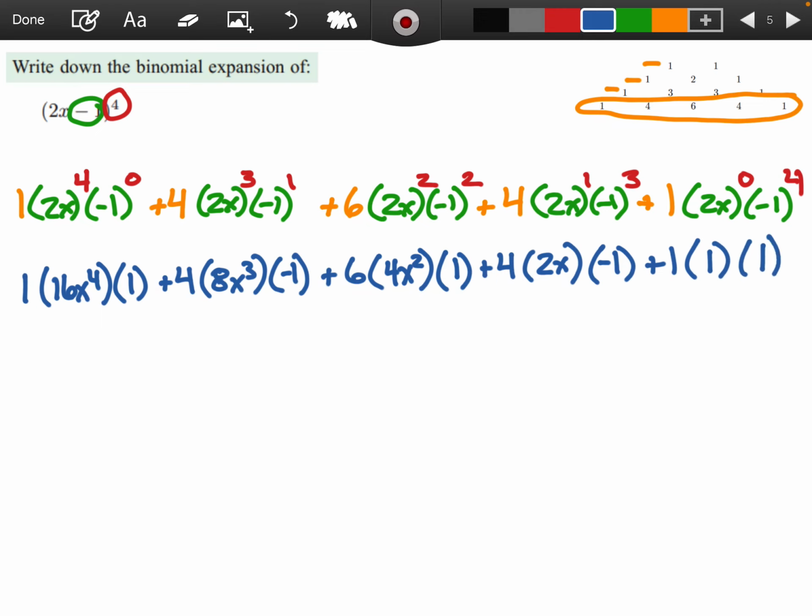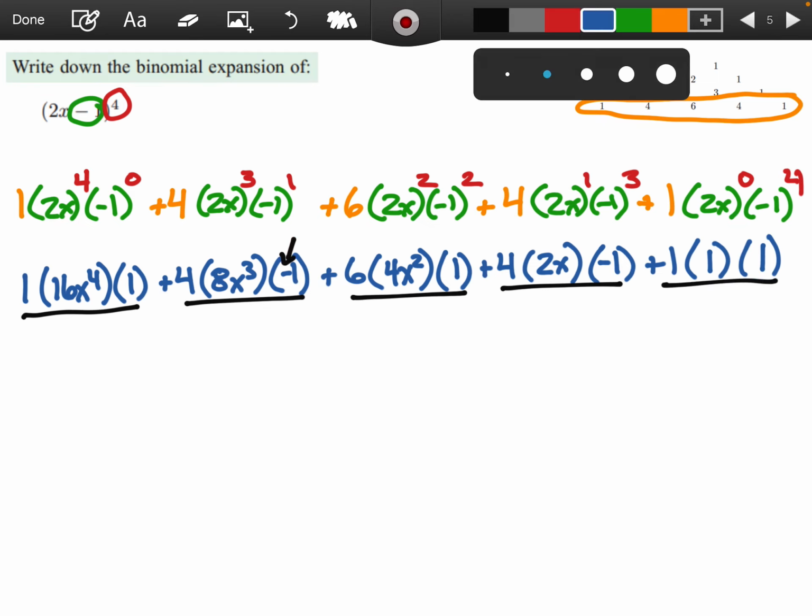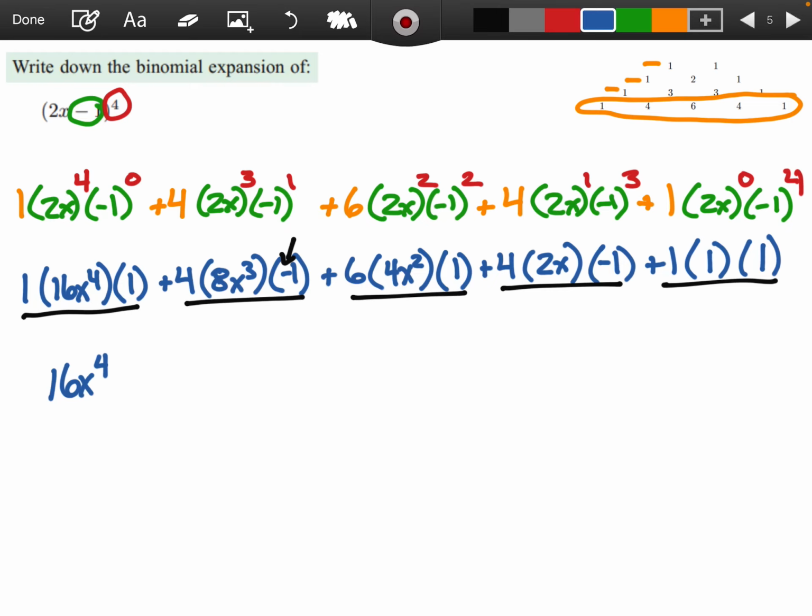So then last bit is to multiply out in between those addition signs. This one you have to pay a little bit of extra attention to because you've got some negatives sitting in there that need to be dealt with, incorporated. So this first term, that's going to give me 16x to the power of 4. Then I have 4 times 8x cubed times negative 1.